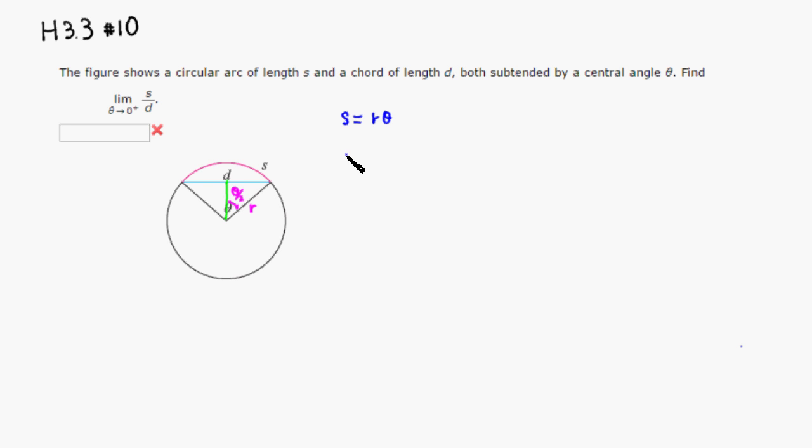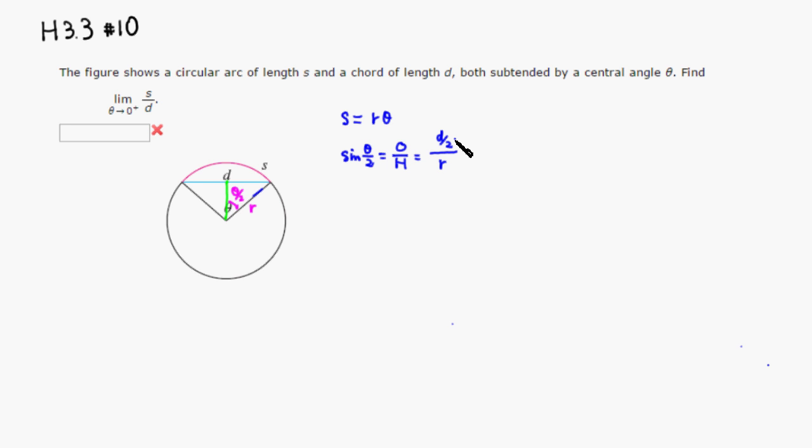We know that the sine of theta over 2 is, sine is opposite over hypotenuse. The opposite in this case is half of d, so d over 2, and the hypotenuse is the radius, so just r.